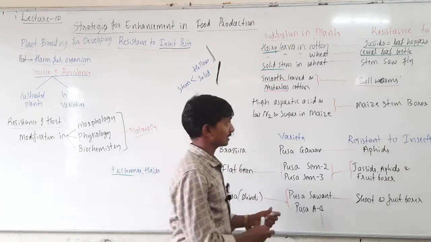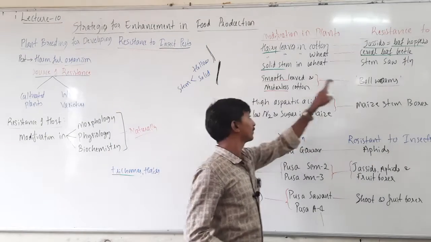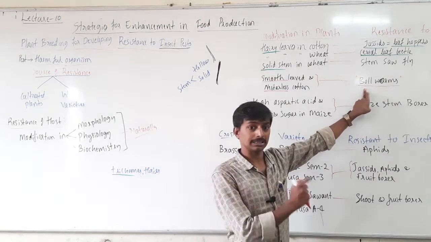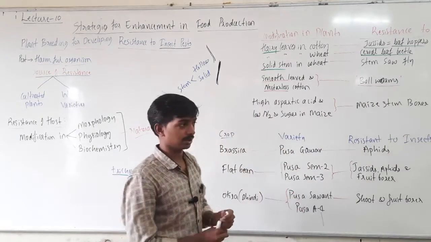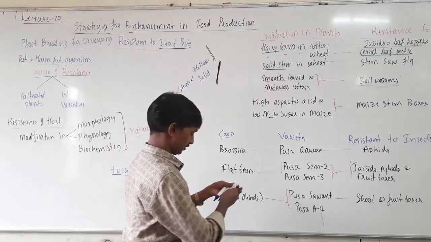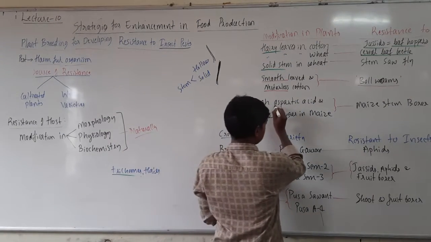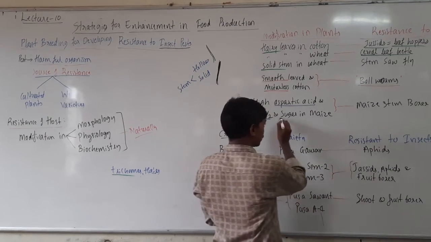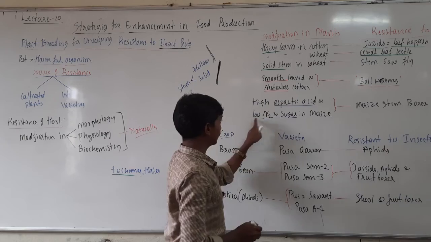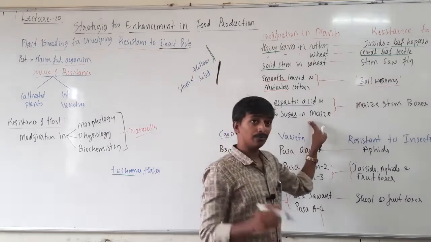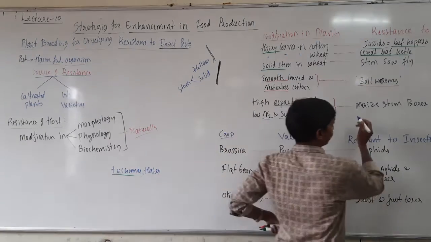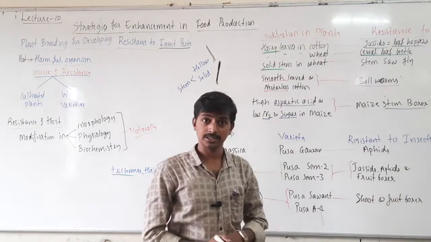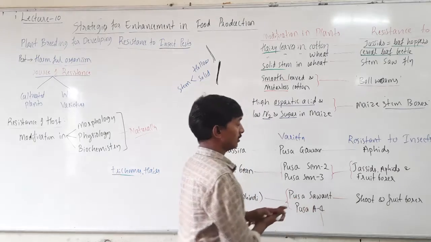Next chapter we shall discuss again how this affects the cotton, and how this can be controlled by biotechnological techniques. We shall see it in the next concept of biotechnology. High aspartic acid content, high nitrogen content and high sugar content, or low nitrogen and low sugar in maize, will protect from the maize stem borer, the insect which attacks the maize plant.